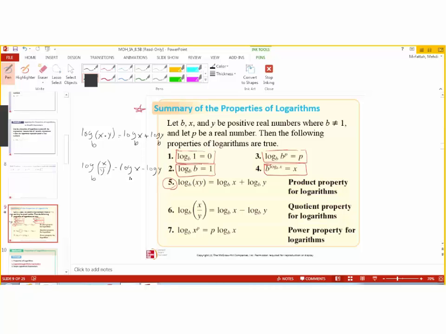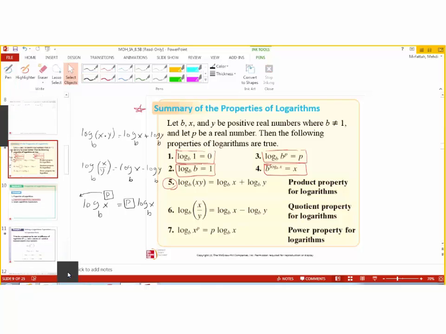You must write these properties down on a piece of paper and make sure you remember all of these. The next one is log of x to the power of p. You can take this p and place it right in front of this logarithm. That will be the same as p times log of x. We're going to use this for solving equations in the same base, of course. So these are the ones that you have to remember.